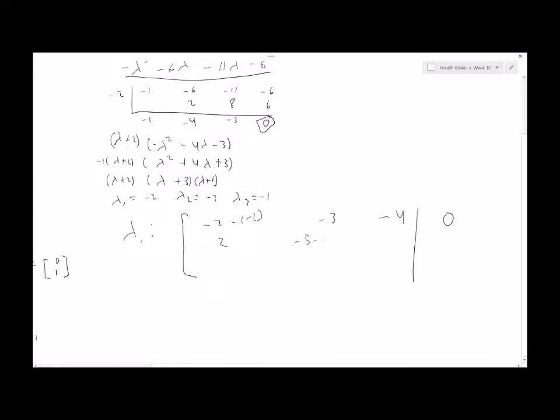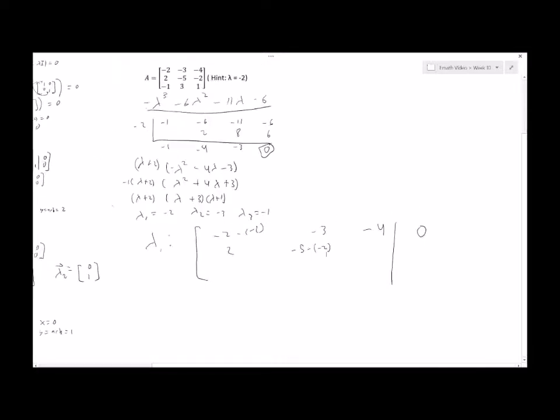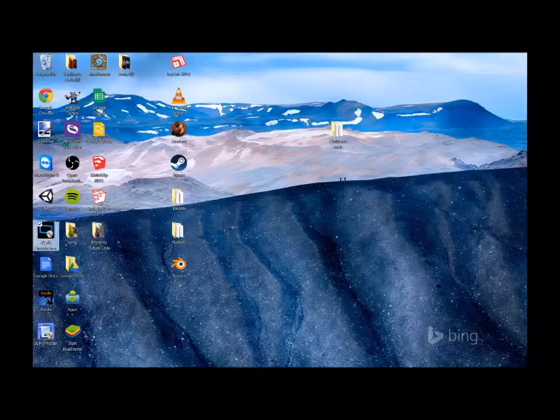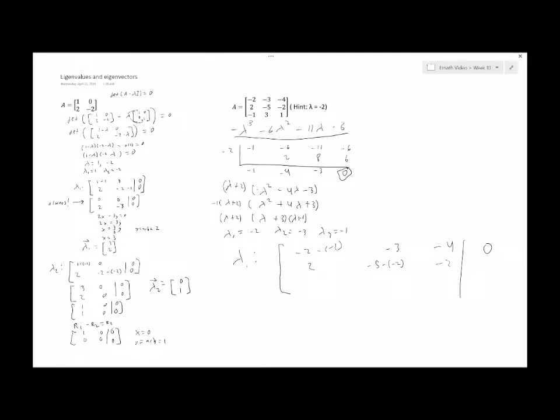Negative 5 minus a negative 2, and negative 2, negative 2, 0, negative 1, 3, 1 minus negative 2, 0.